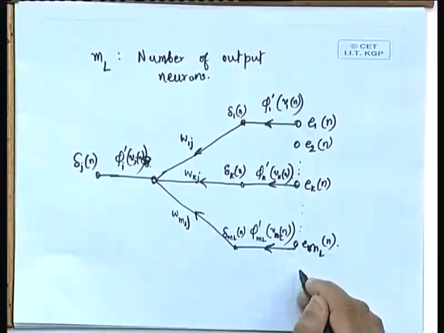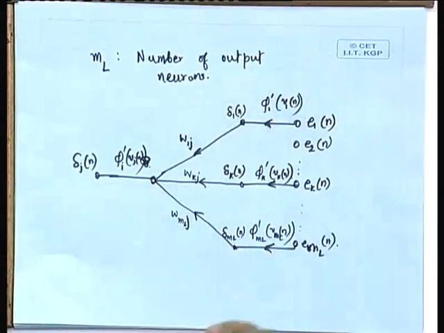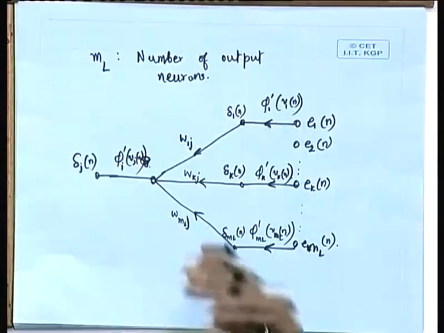And after doing all that, what results is that you start with the errors, multiply the errors with the activations, get the gradients, multiply all the individual gradients with the synaptic weights, get the gradient of the preceding layer.